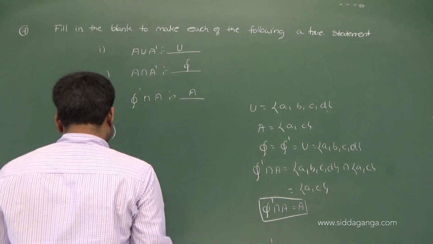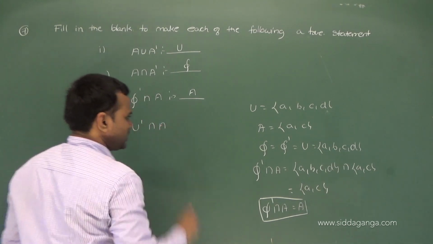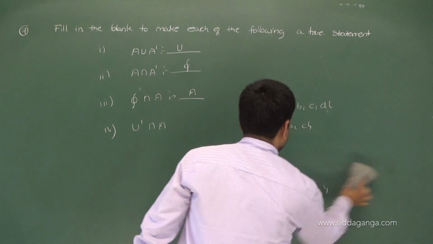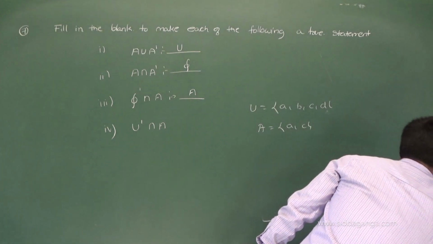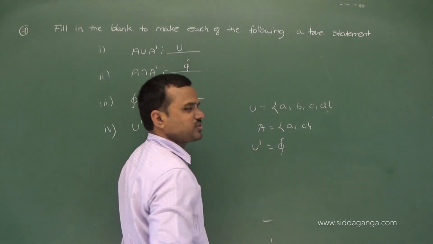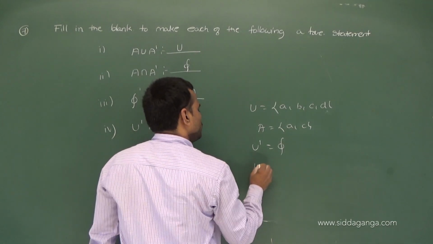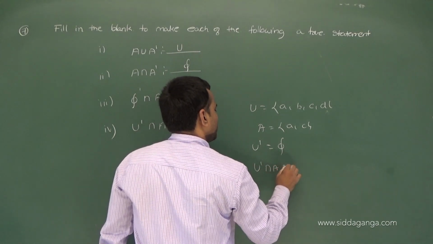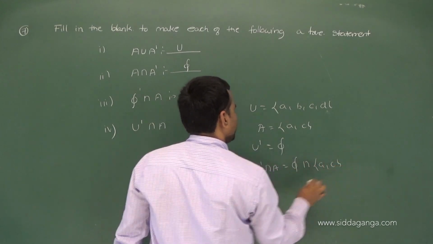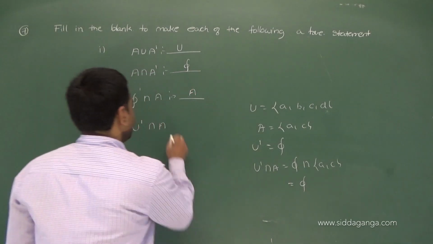Fourth question: U dash intersection A, very important. Observe here. U dash is nothing but the empty set. So U dash intersection A is the empty set intersection {a, c}, which is the empty set.